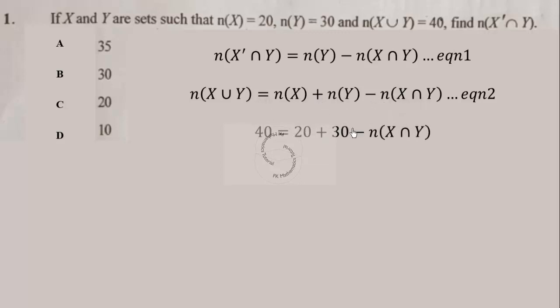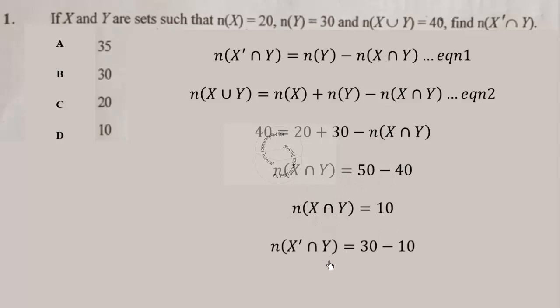So this will give us this, and when we move this to this side, it becomes positive, and we move the 40 to this side. 20 plus 30 is 50, and that will give us the intersection to be 10. So we just put the intersection here, and that will give us 20.